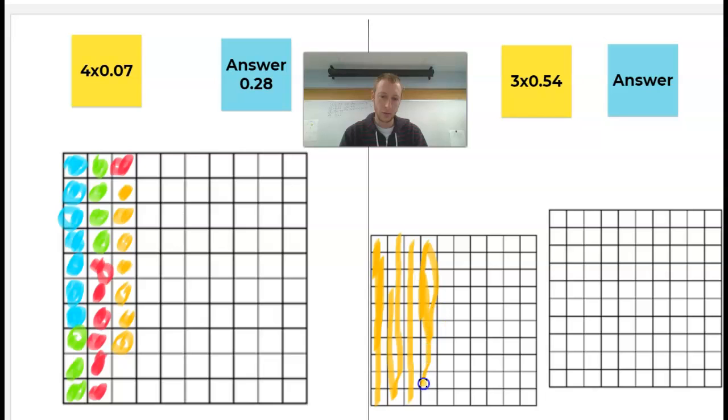And 5/10. So there's 50 hundredths, and now I need 4 more, right? 1, 2, 3, 4. So there's 54 hundredths. If you count them, you'll count 54 boxes. So that's 54 hundredths one time, but I've got to do it 2 more times, because it's times 3. So let's change colors.